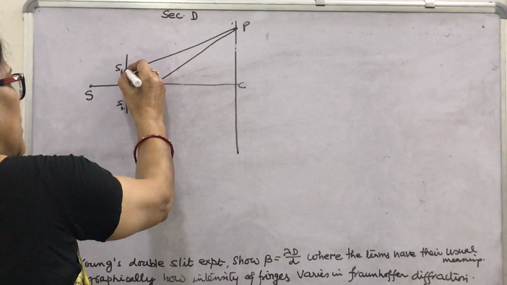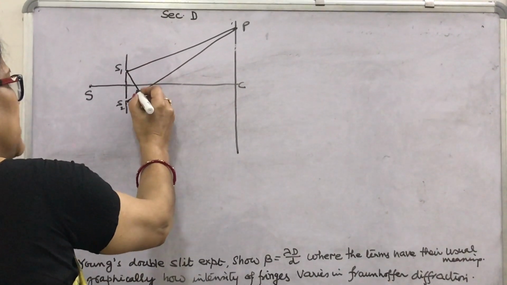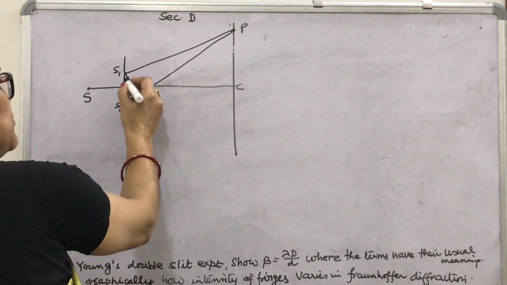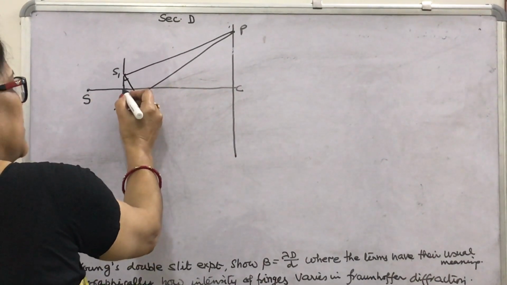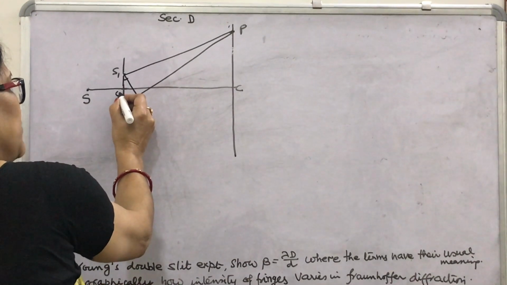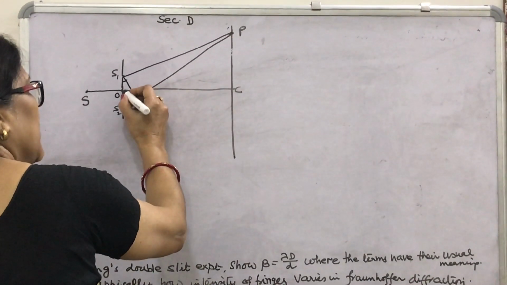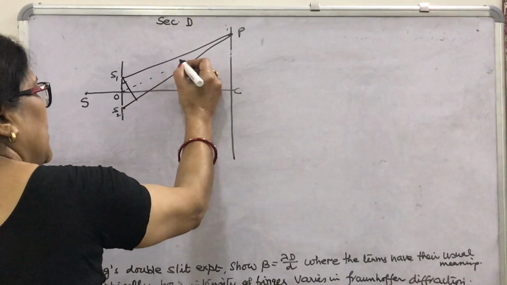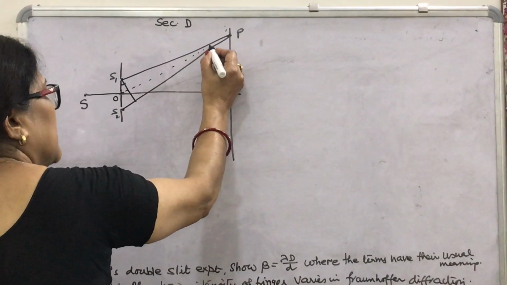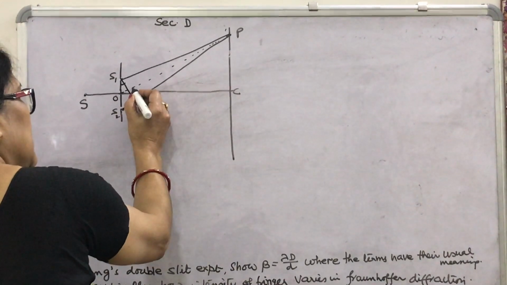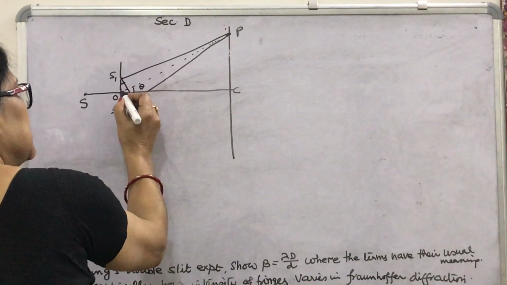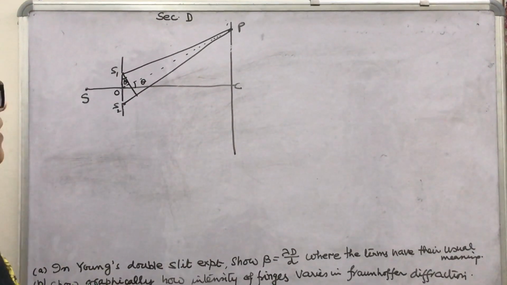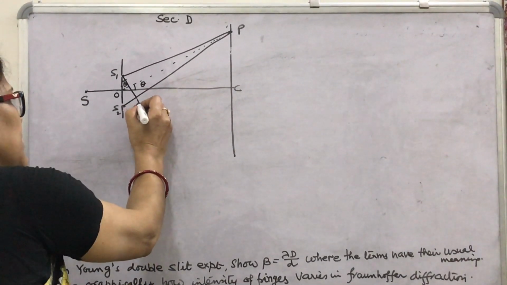We draw a normal, that is a perpendicular, and if this angle is theta, then joining this midpoint O to the point P, it is said that this angle is also theta and here this is theta. Suppose this point you name it M.